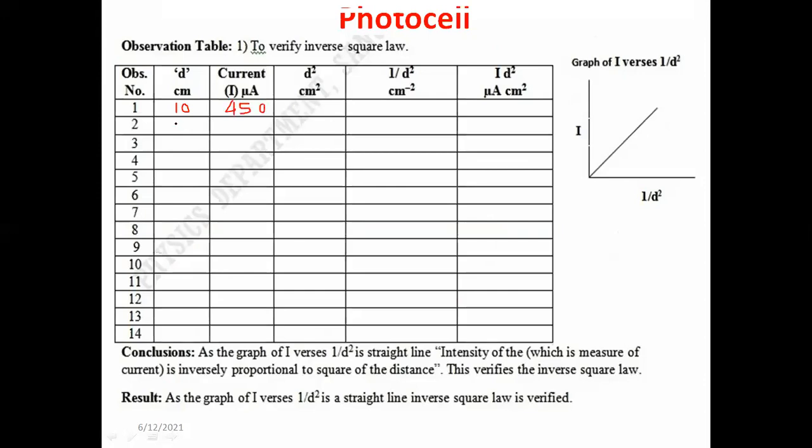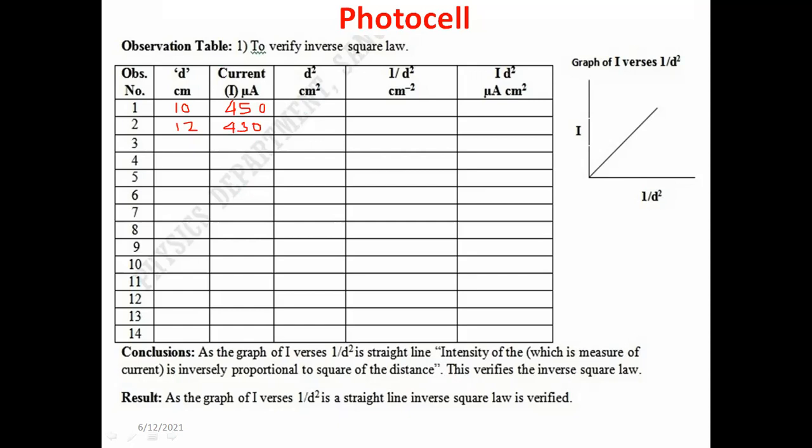If you increase the distance d by 2 centimeter, the current would decrease, suppose to 430 microampere. So small d is 10, 12, 14, 16, and so on. The current would decrease depending upon the intensity of the light.